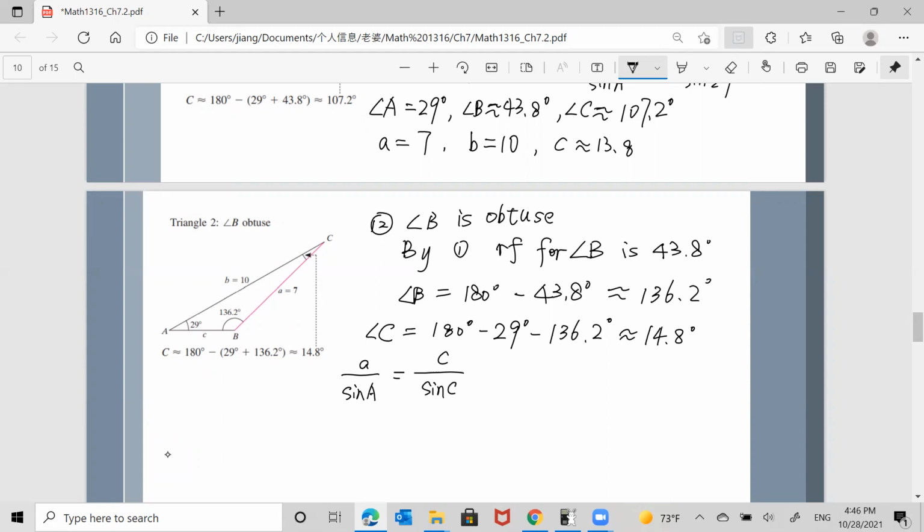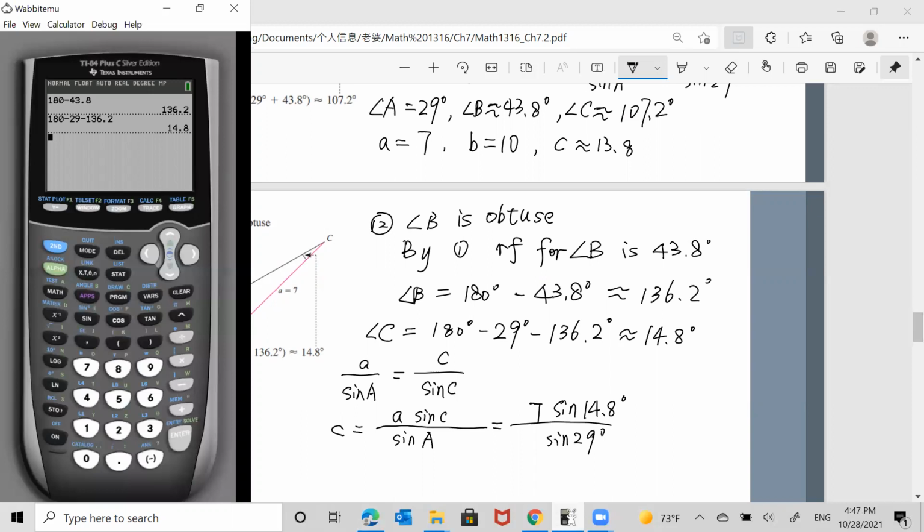So we are looking for C. So the C here equals A times sine C over sine A. And plug in the information. A is 7, sine C is sine 14.8 degrees, and the sine A is sine 29. And plug in the information in the calculator.